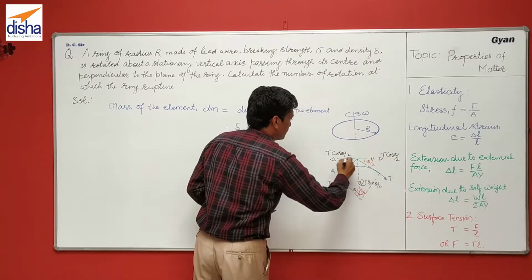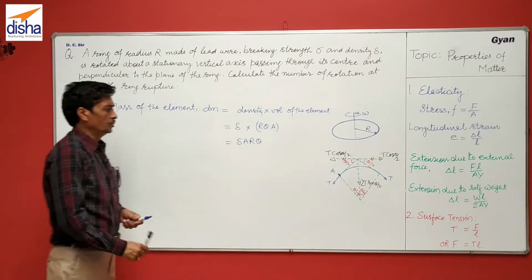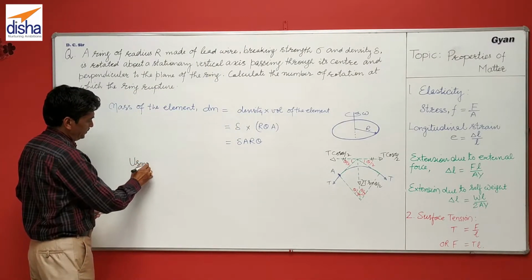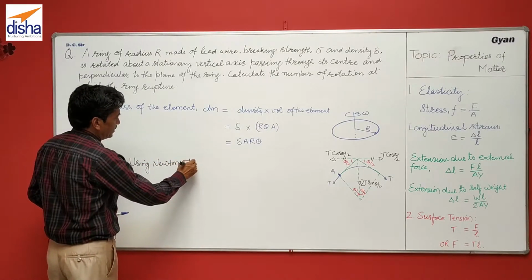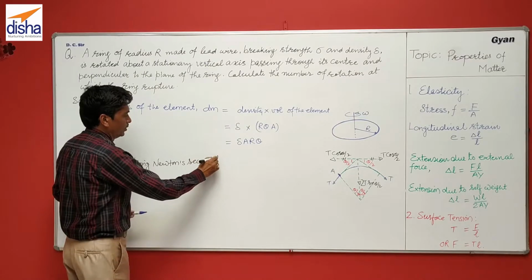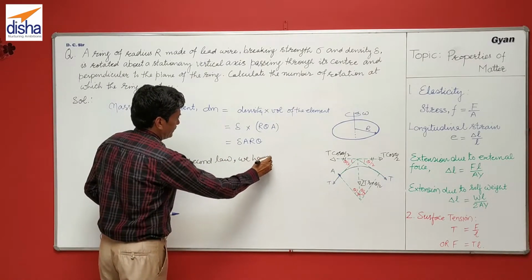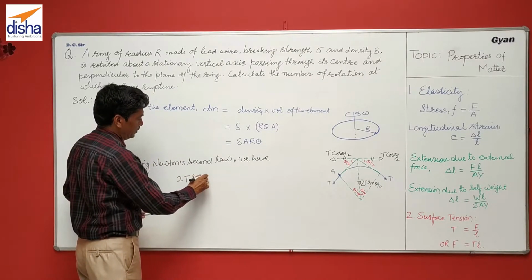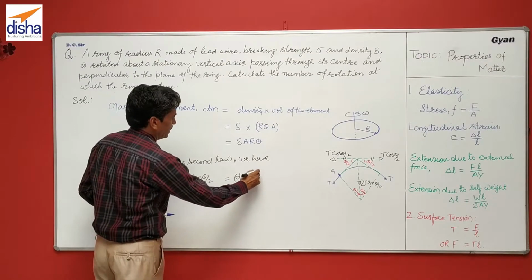These get cancelled out, so the net centripetal force becomes 2T sin theta by 2. So using Newton's second law, we have the centripetal force, that is 2T sin theta by 2, equal to dm omega square r.